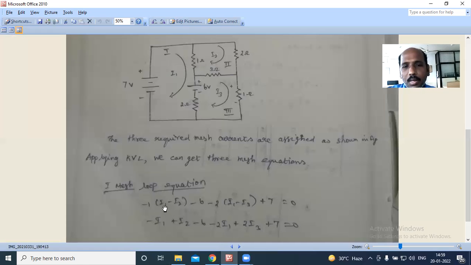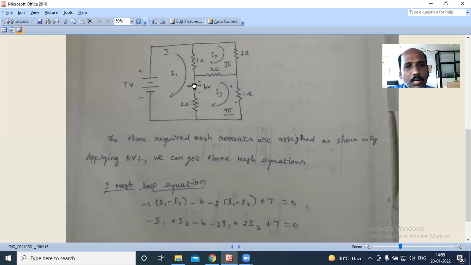The I value, the current flowing through the 1 ohm resistor, is I1 minus I2, since I am writing the equation with respect to mesh 1 and subtracting the voltage drop due to the other current, I2. So I1 minus I2. That is the 1 ohm resistor.